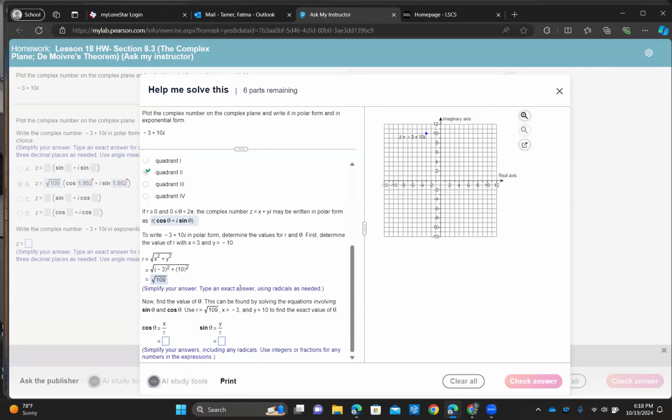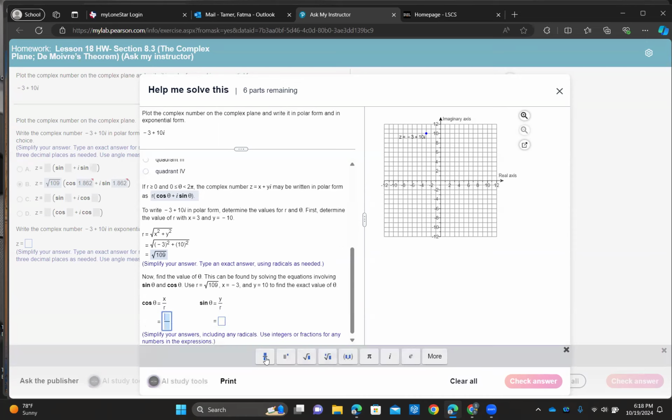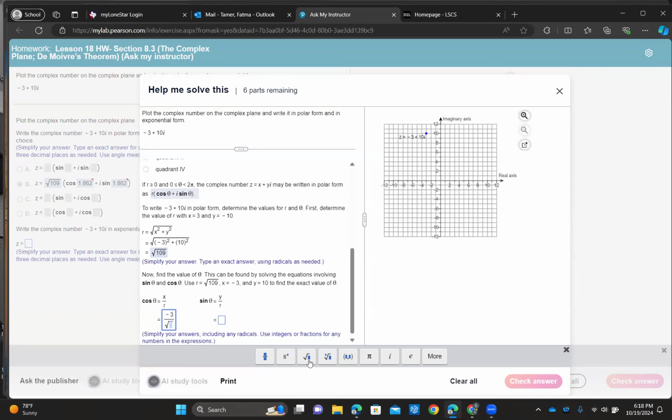Now, we're going to find the angle associated with this complex number. For the angle, we need to find the cosine value and sine value to decide what angle we need. So cosine of theta is x over r. Here, the x value in this problem was -3, so I will need -3 here, and the r value is something I calculated. I don't know if they will ask me to rationalize it right away, but I want to try my chance like this.